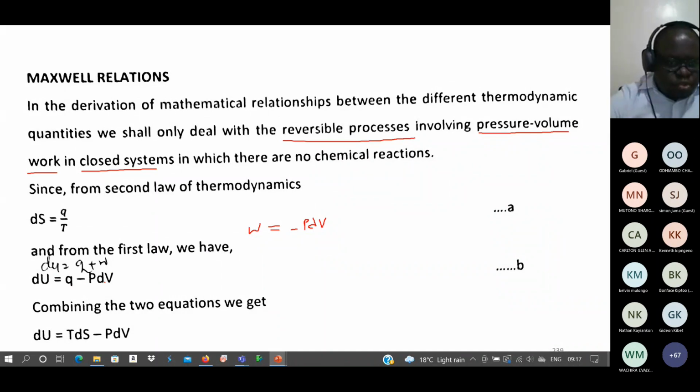Now, when you combine these two expressions, from the second law we get Q equals T dS.